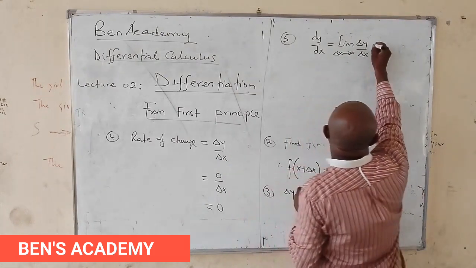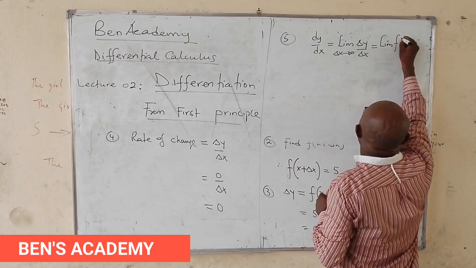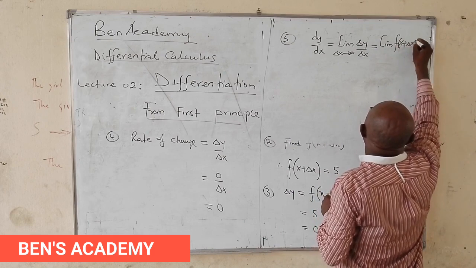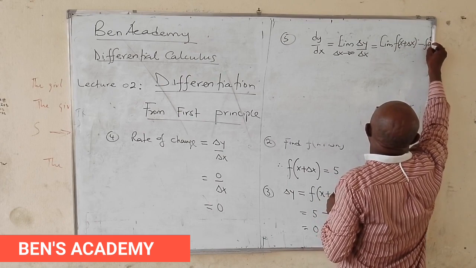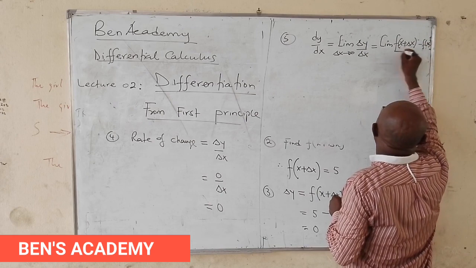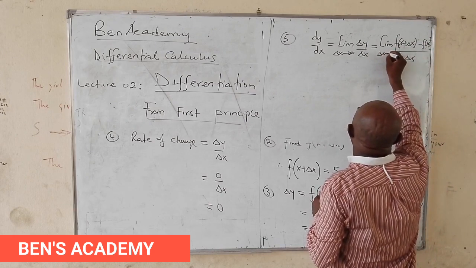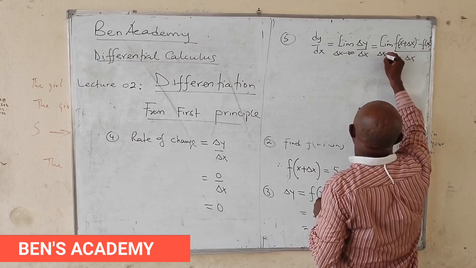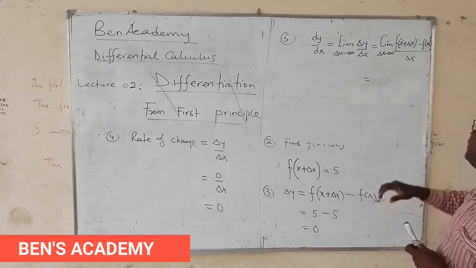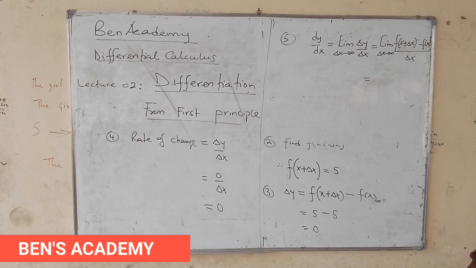We also write this in functional form as the limit of f of x plus change in x minus f of x, all over change in x, as change in x approaches 0.